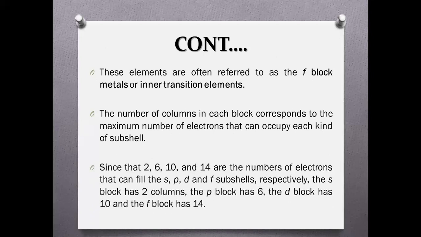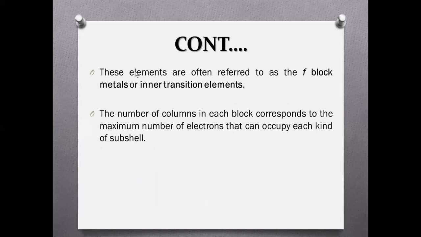Since 2, 6, 10, 14 are the numbers of electrons that are able to fill under your subshell, that is S, P, D, F. Right? The S block has 2 columns, the P block 6, D is 10, F is 14. We already studied about this, right? This is not new for you.